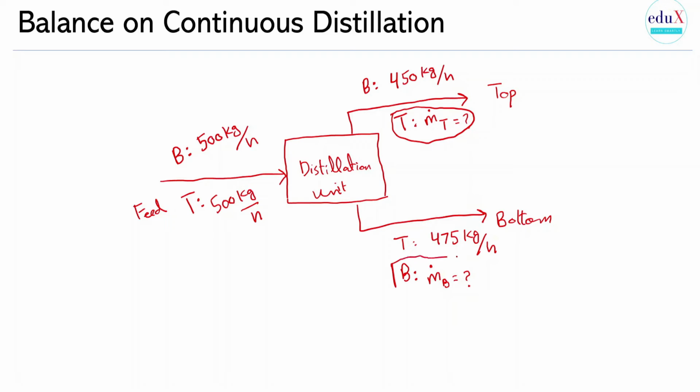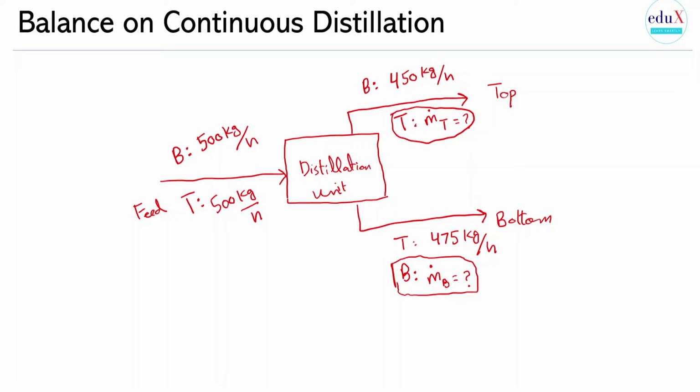So mainly there are two unknowns: the flow rate of toluene at the top stream and the mass flow rate of benzene in the bottom stream.